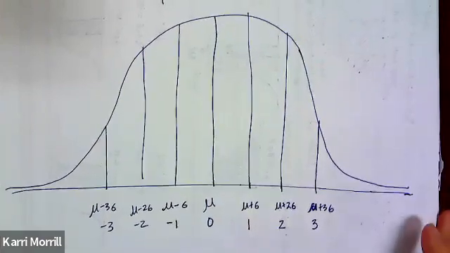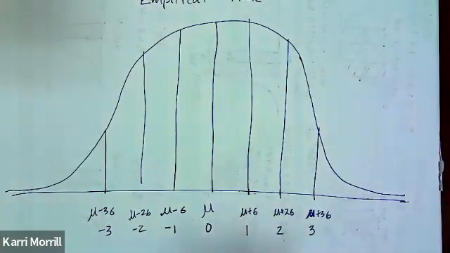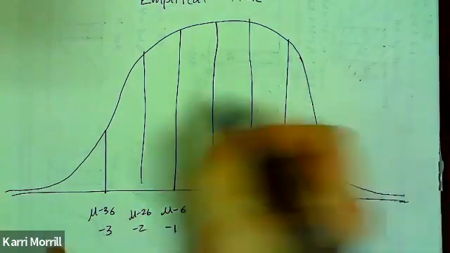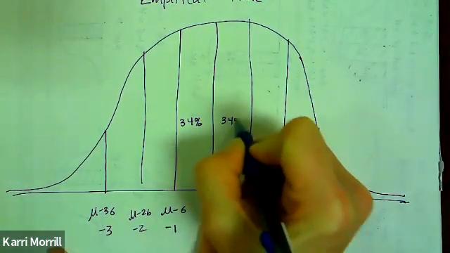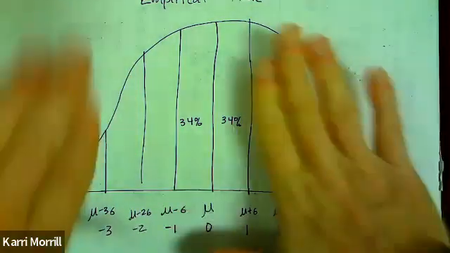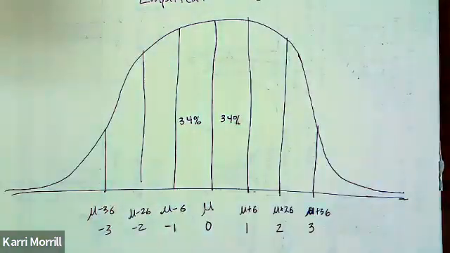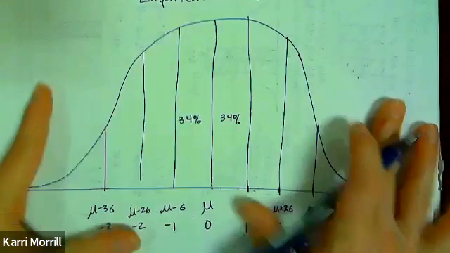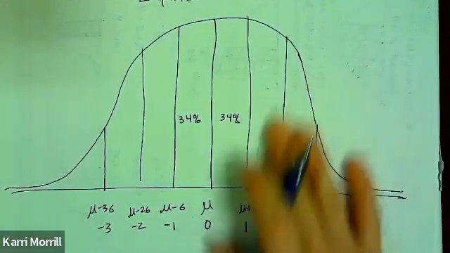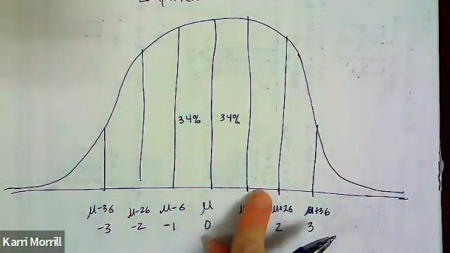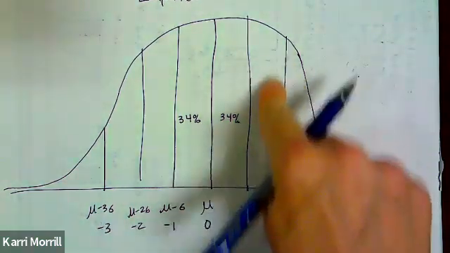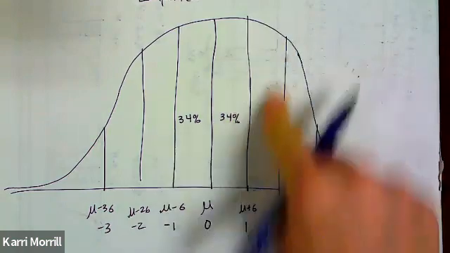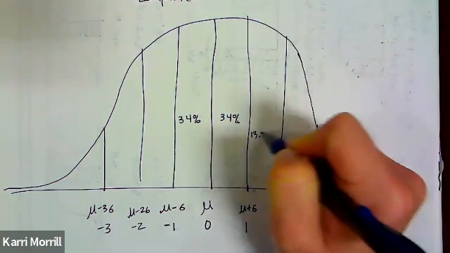And so we will always represent from mean to 1 standard deviation 34% on each side. So as a total, that's 68%. I know I'm kind of repeating the lecture, but it's a very important part of this unit. And then if we go over to 2 standard deviations, this section only here is 13.5%.